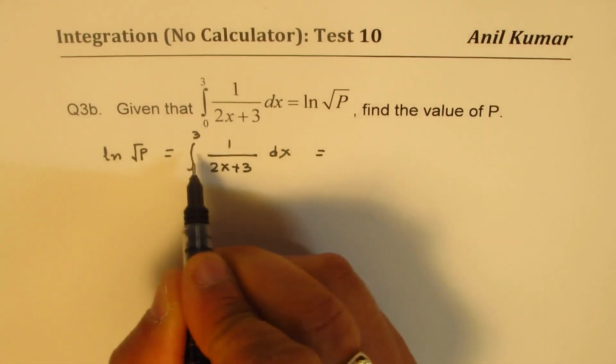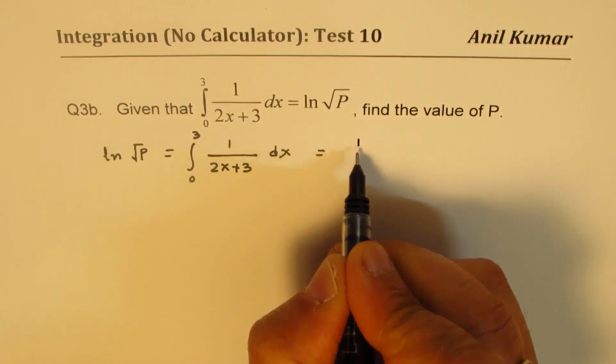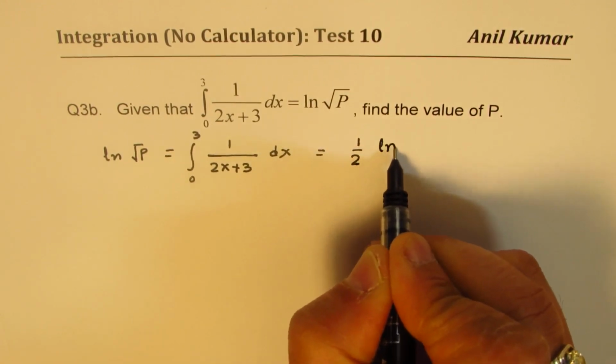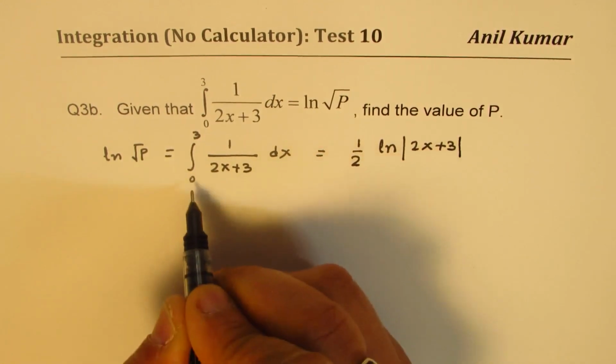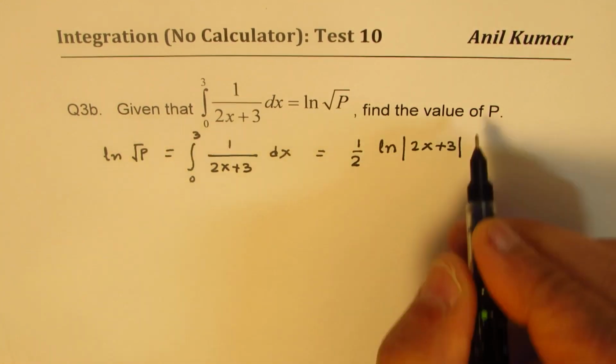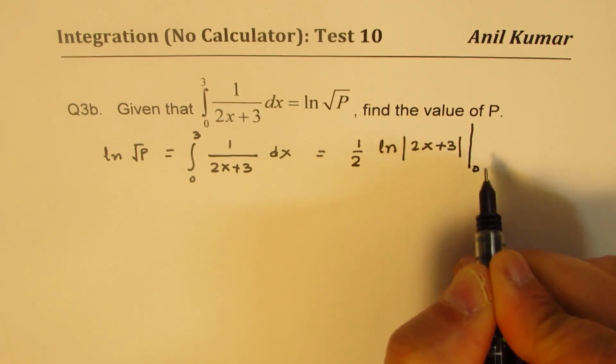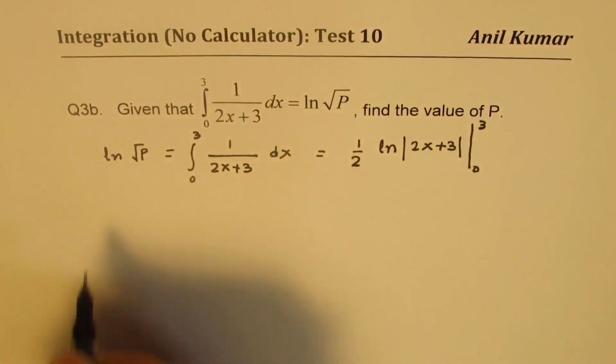Well, we just found what this is. It is basically equal to half of ln absolute value of 2x plus 3. Now we are given the limits, lower 0, upper 3. So now we can calculate.